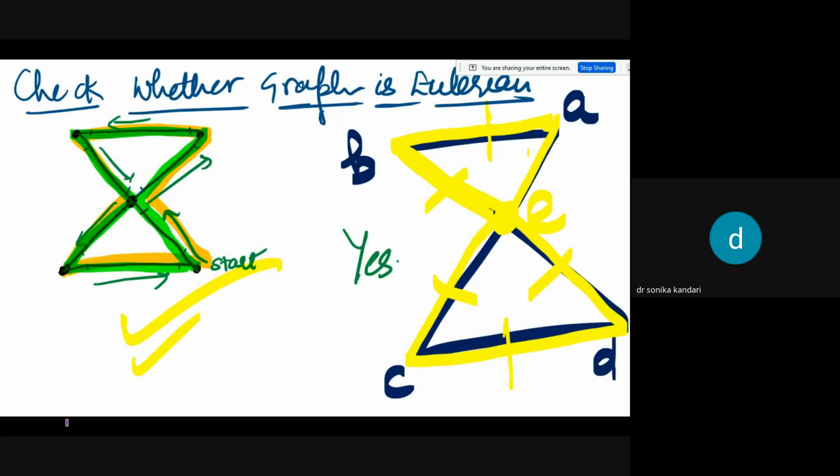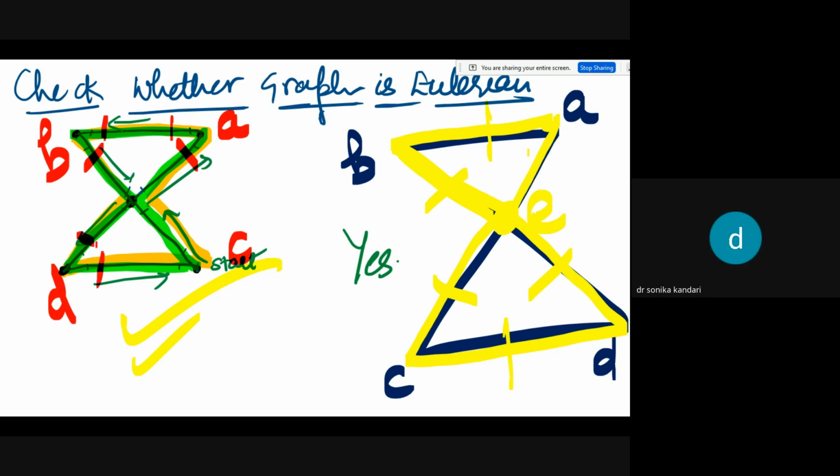See, in this diagram, A, B, C, D. What is the degree of vertex A? 2. So it is even. What is the degree of vertex B? 2. It is even.